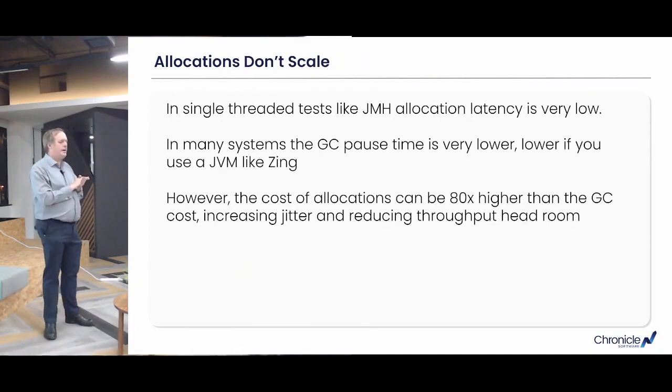This is something I've seen again and again, not so much in our space because in the low latency space you tend not to create a lot of objects, a lot of it for this reason. So there is a perception that creating objects is cheap. And the truth is, if you've got one thread and you run a JMH test and you're creating objects, they are cheap.